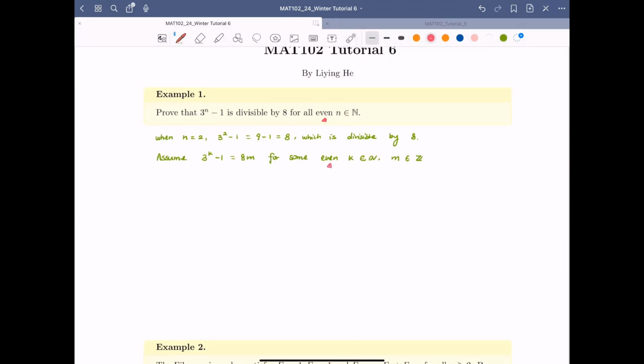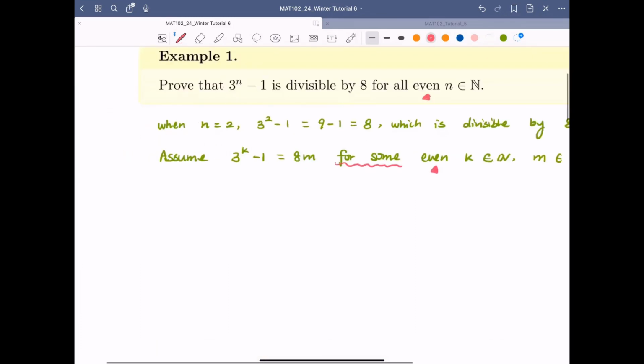So even is important here, and for some, I think I emphasized it many times, it's always for some, never for all when you make an assumption. Your assumption should never, ever be for all, because that's assuming what you need to prove. That's the IH. There is not much change either, except you need to emphasize we're assuming for even k.